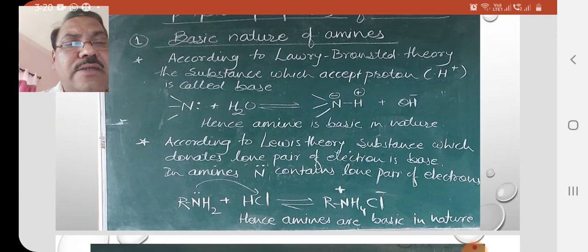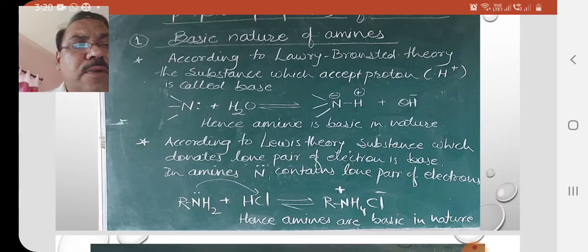And when these amines are reacted with HCl, nitrogen donates its lone pair of electron, and the product formed is RNH4 plus Cl minus. So the lone pair of electrons are transferred from nitrogen. Therefore, amines are basic and hydrochloric acid is acid.